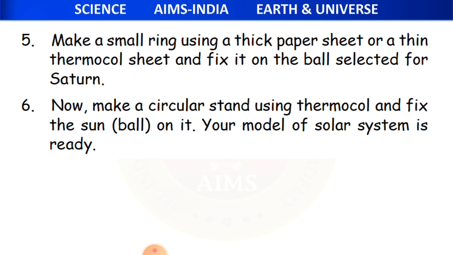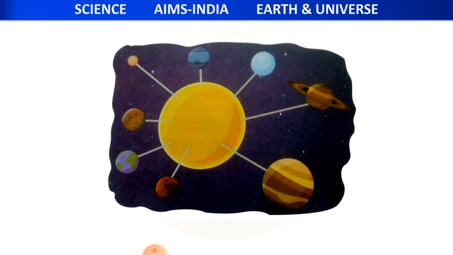Now you can make a circular stand using thermocol and fix the sun ball on it, and your model of the solar system is ready. I hope everybody is going to do the models and show us through our chat option. Clear? Yes. Now finally your model will look like this.